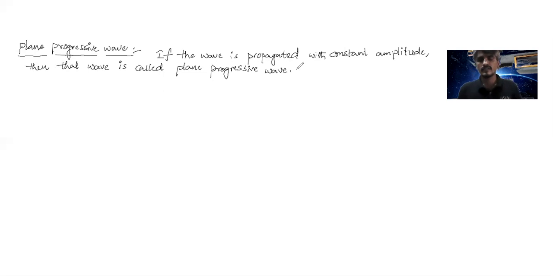See, this is about a plane progressive wave, which means that, once one wave is created like this, see here, I'm drawing x and y axis first.